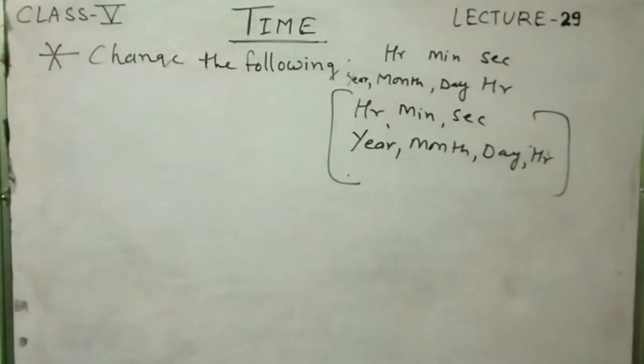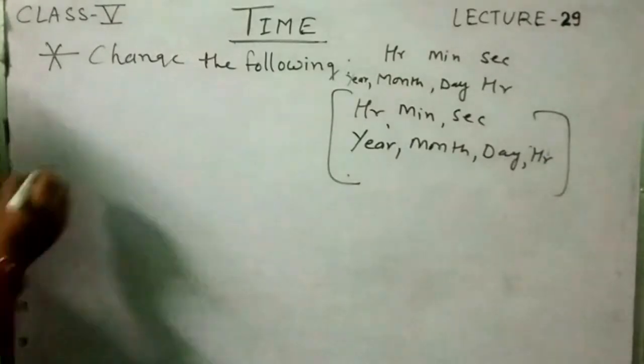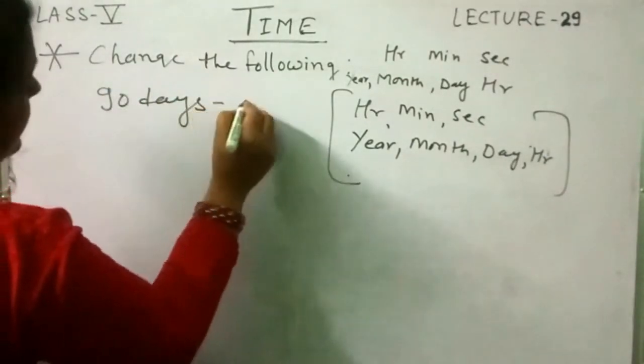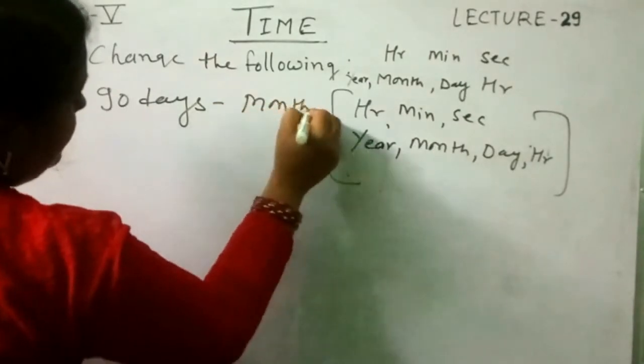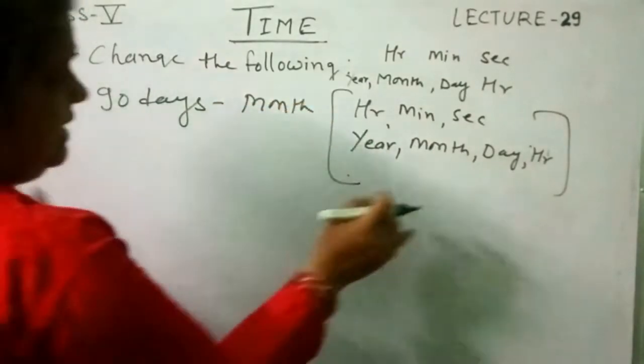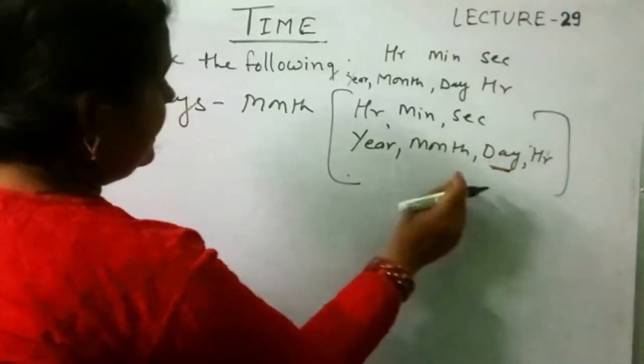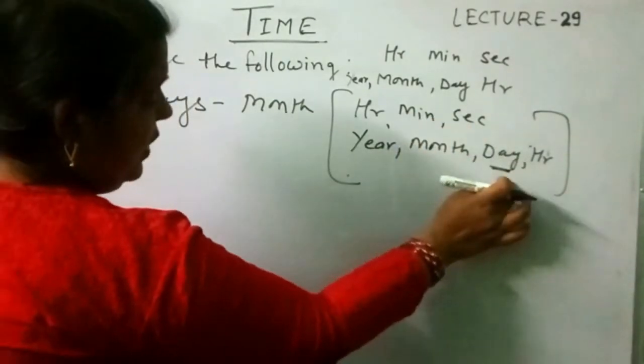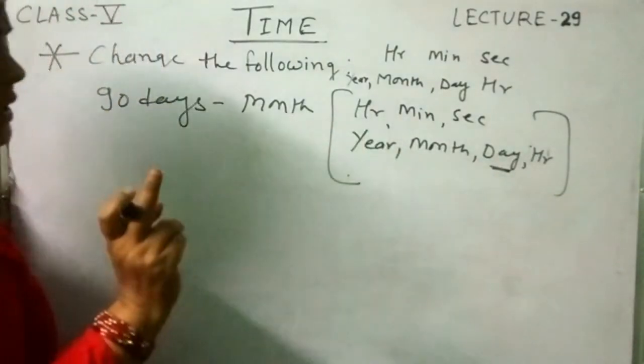Now what I told you: change how many months there will be in 90 days. You have to change it into month. See here, days are given, 90, and you have to convert it into month, means from lower to higher. That means what you have to do?